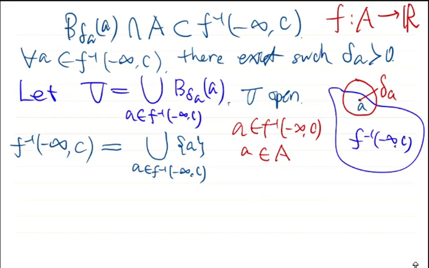So we must have a belongs to A for every such a in the pre-image of minus infinity, c. Therefore, also a, as the center of this ball, is a point in its neighborhood.